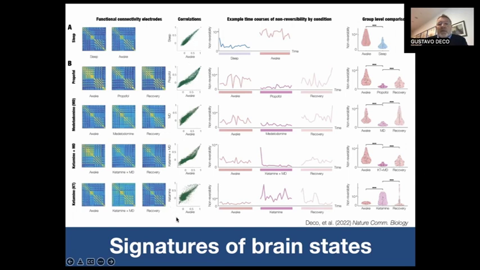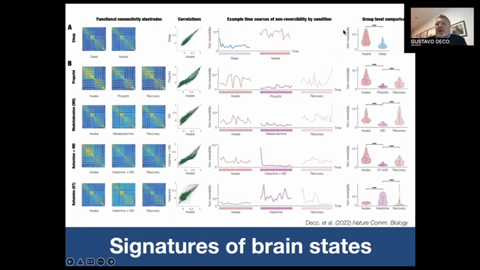here in the form of scatter plots. Nevertheless, if we measure the non-reversibility, as we described before, just by this comparison between the shifted correlation in the forward and the artificially generated reversed version, we see that under different conditions, this is for a particular trial of a particular monkey, in the different conditions, sleep, awake, or awake and anesthetic, we see clear differences. Even the recovery is very well reflected.